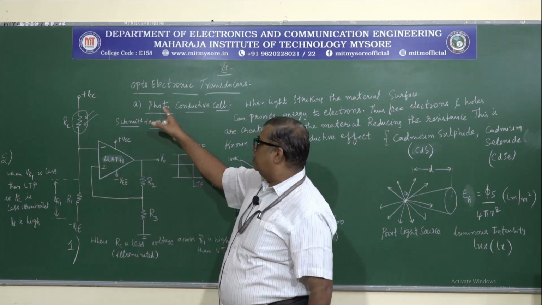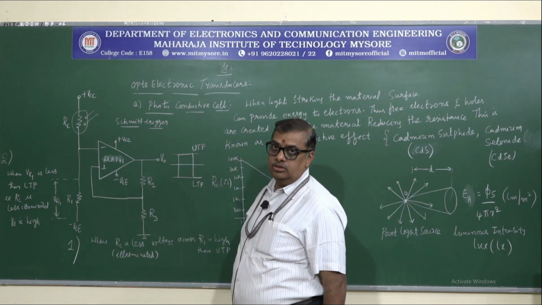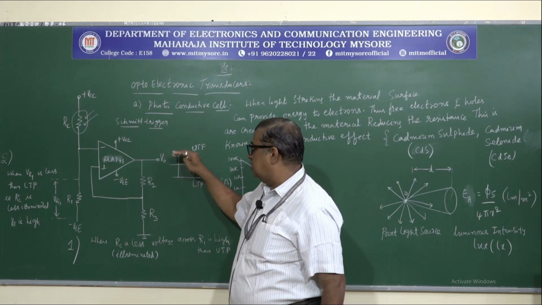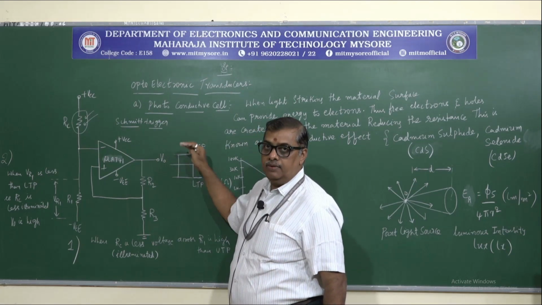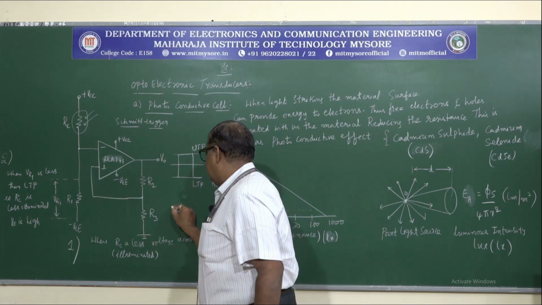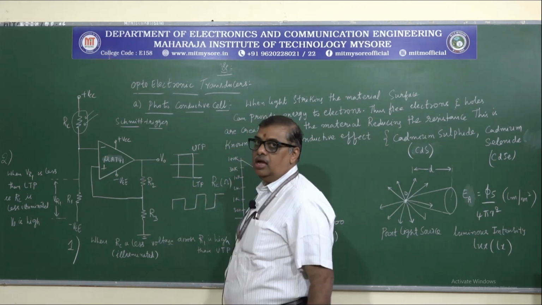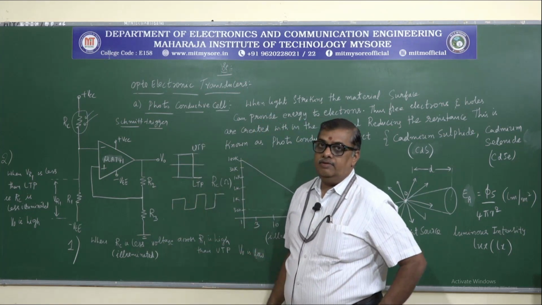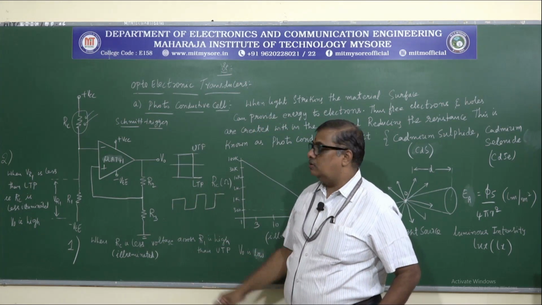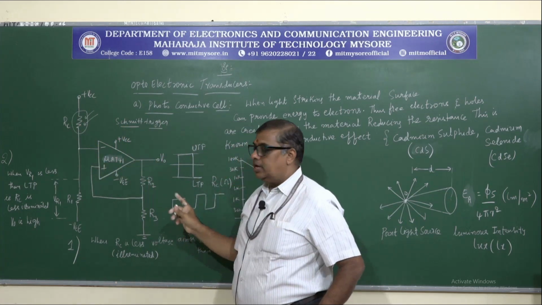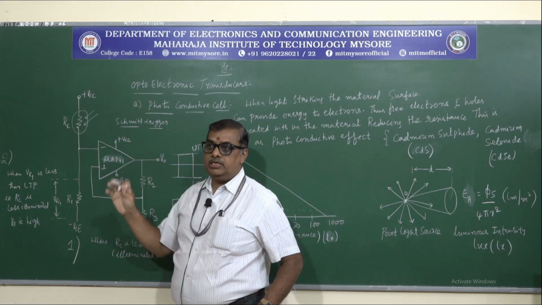So in a typical optoelectronic transducer circuit, the output always switches from high level to low level. We call it a pulse output. This is the typical output of a photoconductive cell circuit: whenever illumination is high, the output is low, and when illumination is less, the output is high.